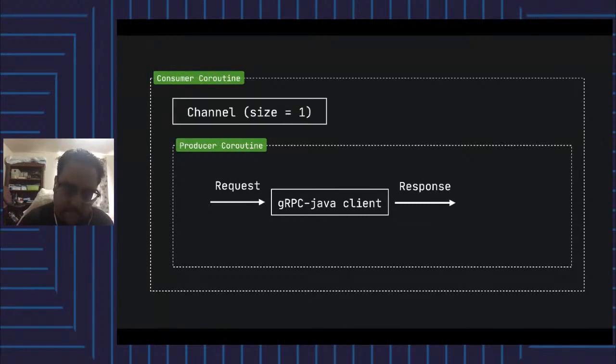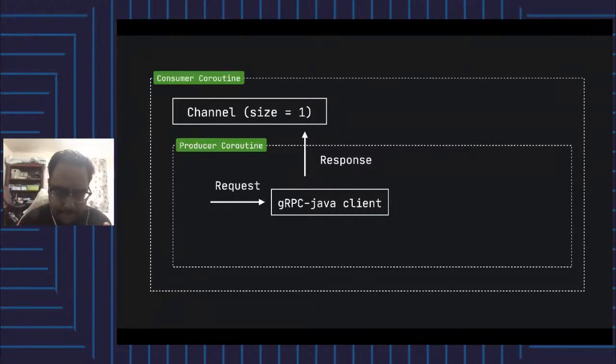The response that you get back gets put into an array buffer channel of size 1. It could be one response or two responses; it will add all of them. And since all of this logic that I just showed, these two boxes, is inside of a flow, it will call emit on that response to give it to the client side.